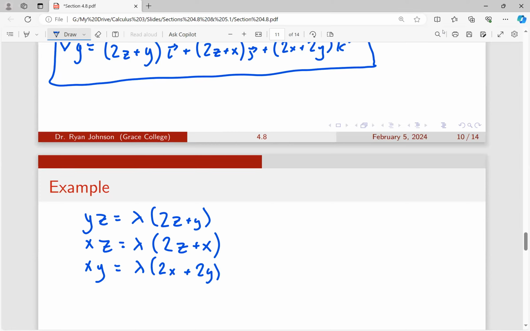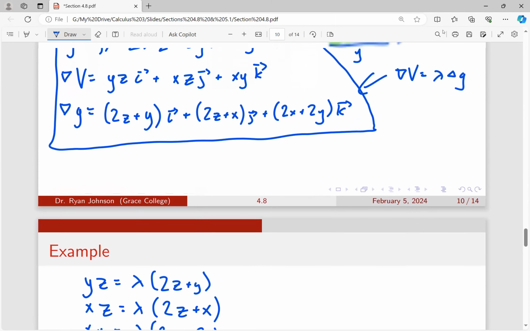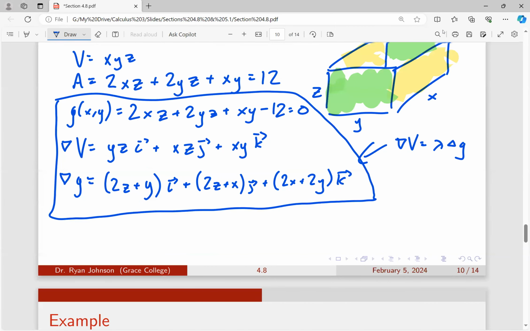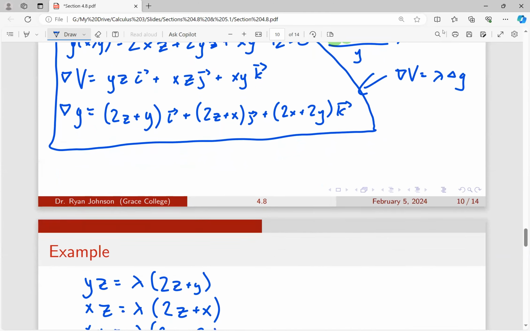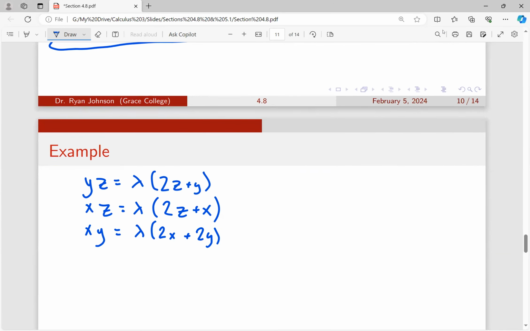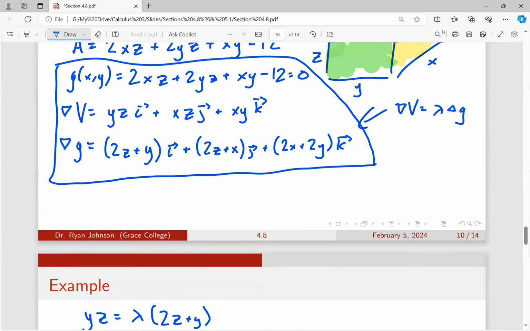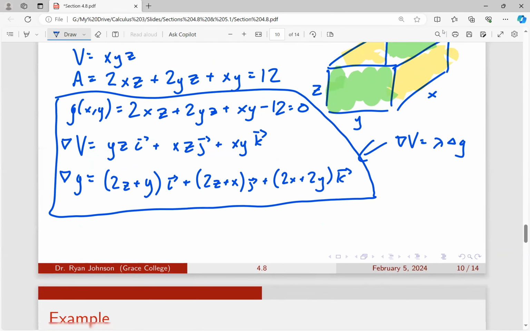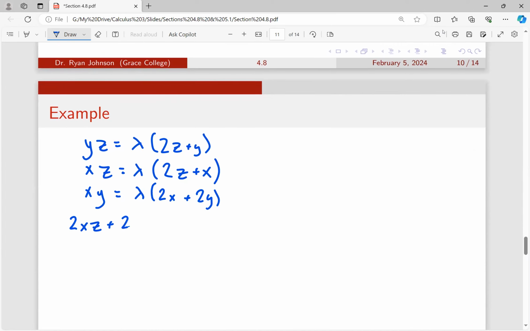And finally, 2xz plus 2yz plus xy minus 12 equals 0. So 2xz plus 2yz plus xy, and then I'll just say equals 12. That's a simpler way to write it.